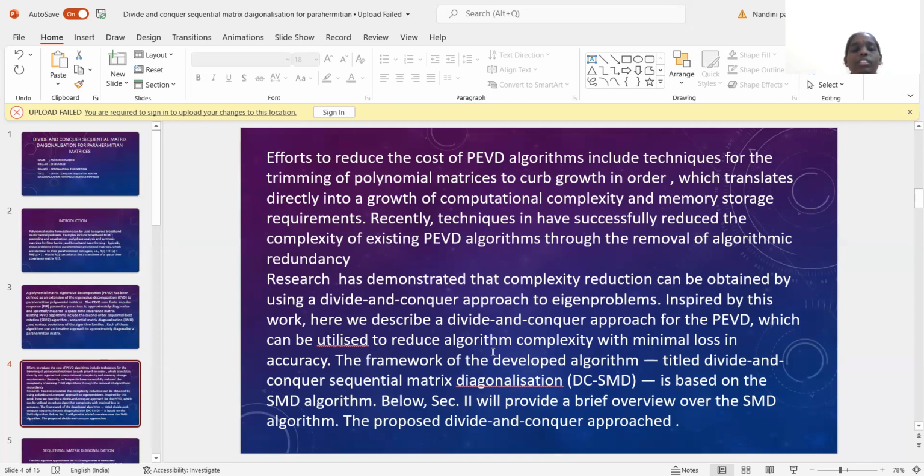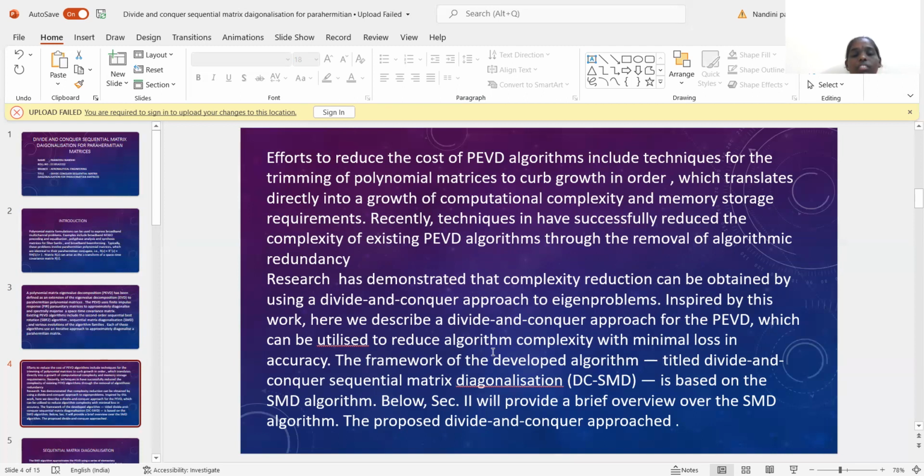Inspired by these works, here we describe a divide and conquer approach for the PEVD, which can be utilized to reduce algorithm complexity with minimal loss in accuracy. The framework of the developed algorithm, titled Divide and Conquer Sequential Matrix Diagonalization, is based on the SMD algorithm.